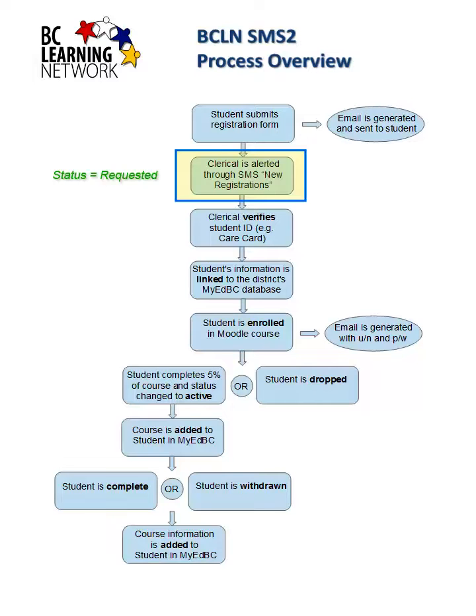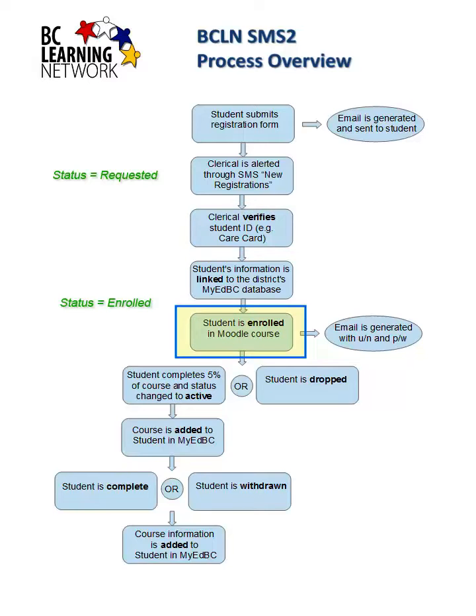But once they receive the documentation for the majority of the students, then the office just verifies ID. And so they can just click buttons saying which ID, the birth certificate or care card or both or whatever. And once they click those and say the ID has been verified, then the status changes for the student in the SMS, and they now are enrolled into their course that you verified them for.